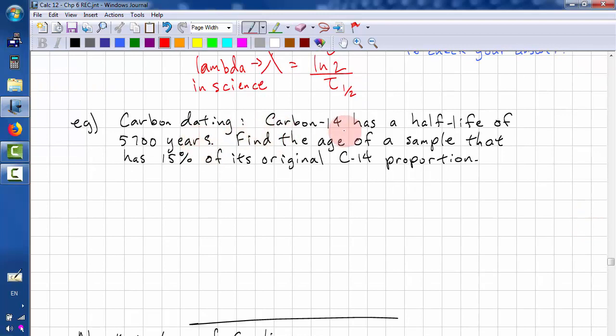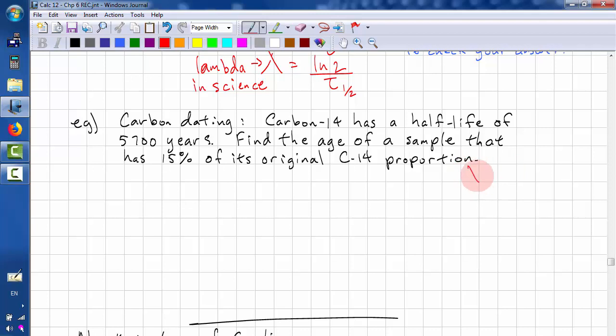Okay, so carbon dating, carbon-14 has a half-life of 5,700 years. Find the age of a sample that has 15% of its original carbon-14 proportion. So this is a little bit complicated. You have to know what the natural occurring ratio of carbon-14 was originally, but we're not going to get that complicated.